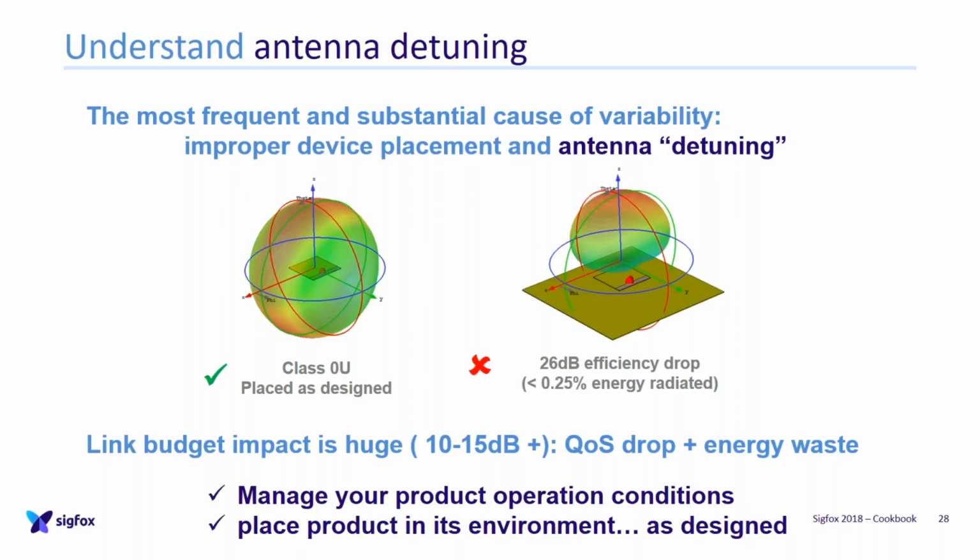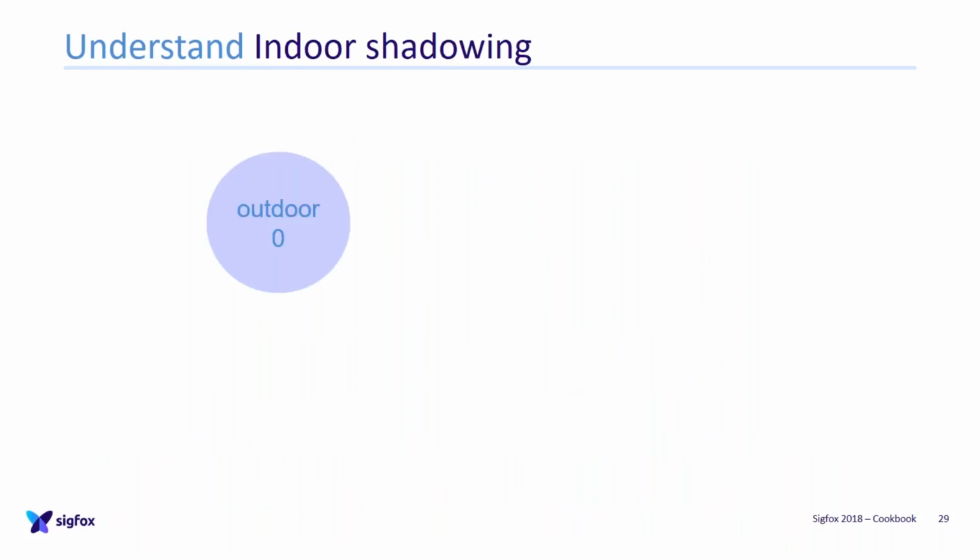And also give a recommendation to the users in the datasheet so that they use the devices as you have planned, so that they obtain the performance and have a good experience by placing the device in the conditions you have designed for. This is really an important cause of not well understood and not well managed variability of the link.